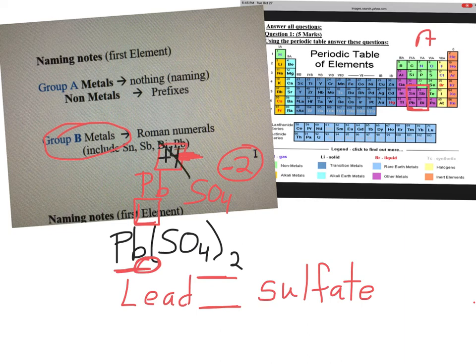That 4 gets reduced to a 2, and this 2 gets reduced to a 1. That's why you don't have anything here, and you have this 2 down here. Okay, but your original oxidation number was that 4. So you're going to have a Roman numeral 4. And that's how you figure out a name for a reduced compound.